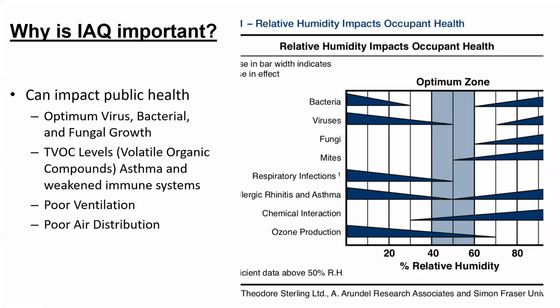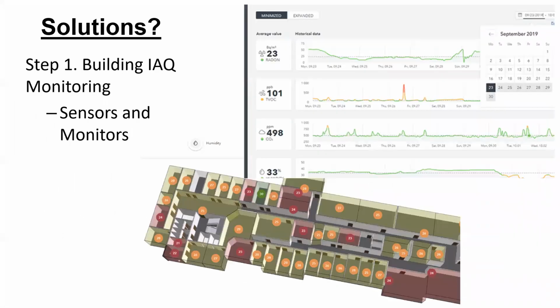And poor ventilation, poor air distribution makes it even worse. So we have to make sure that our ventilation system and the humidity level are exactly controlled. One way to start tackling this is making sure we are measuring the content using different sensors.